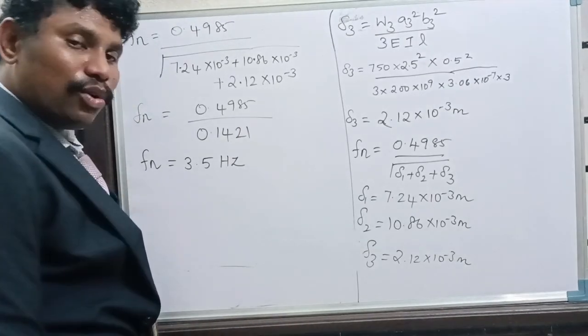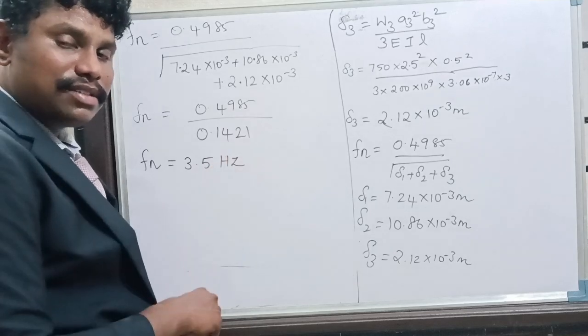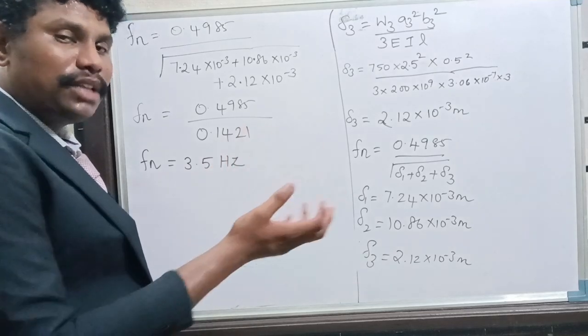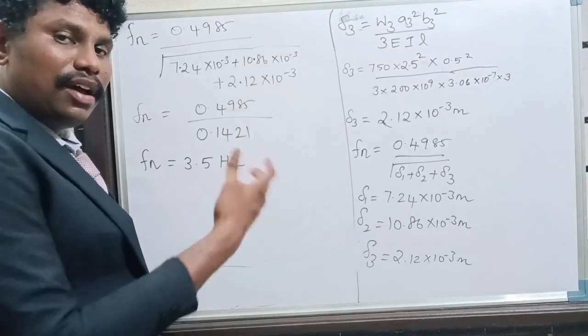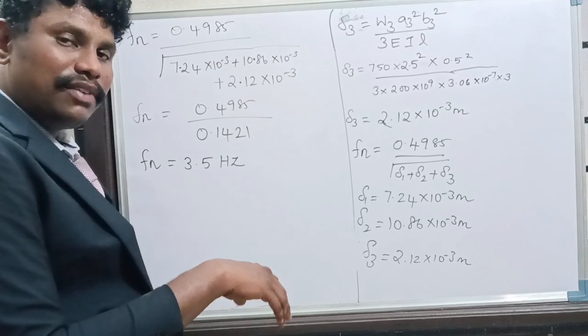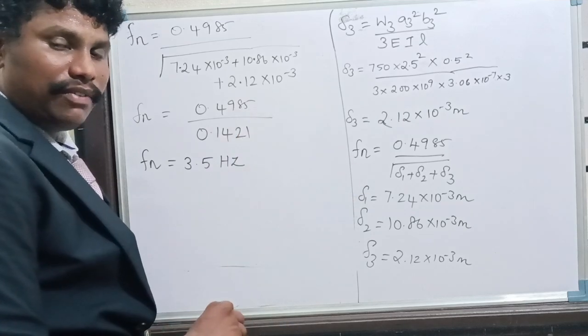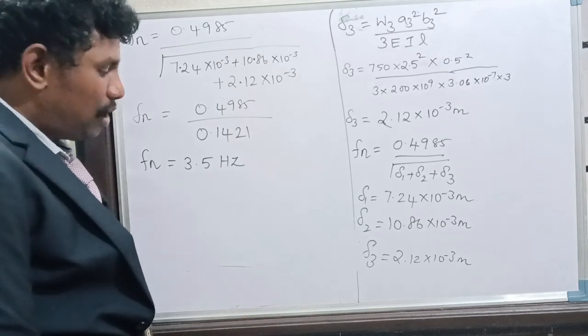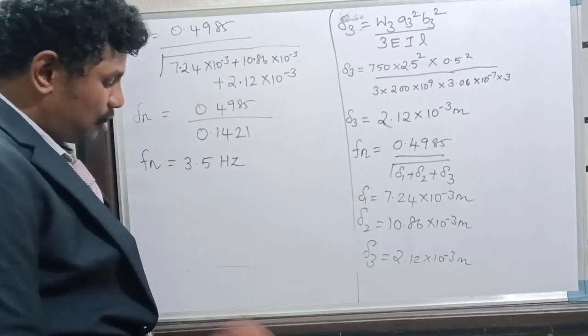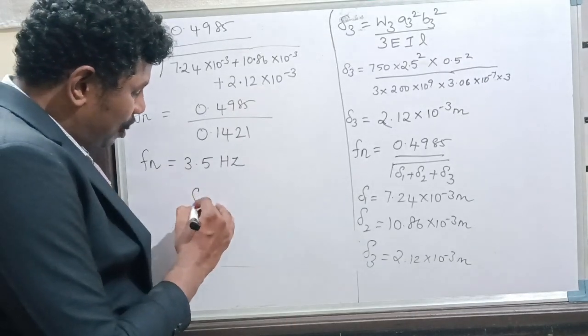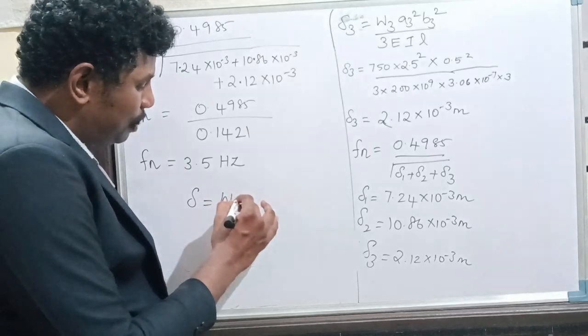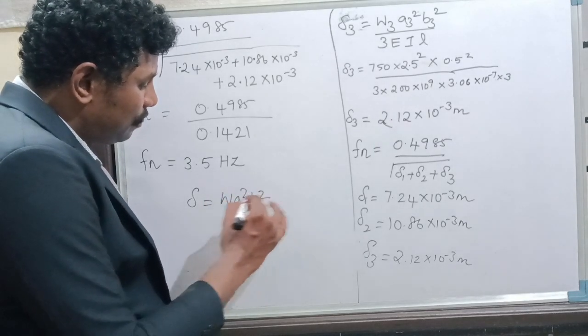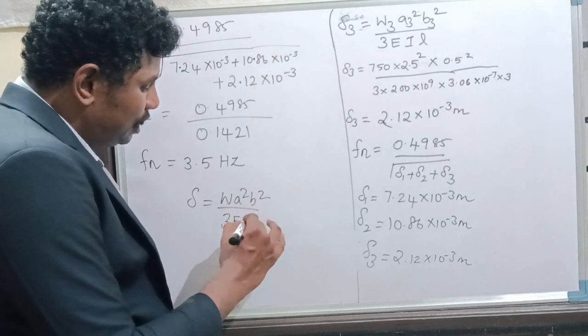So I'll quickly go through the things that we have discussed in this problem. With the help of the given data, we have written all the given data, and we have drawn the diagram. The formulas that we have used are: first, the delta formula, that is delta is equal to W A square B square divided by 3EI.